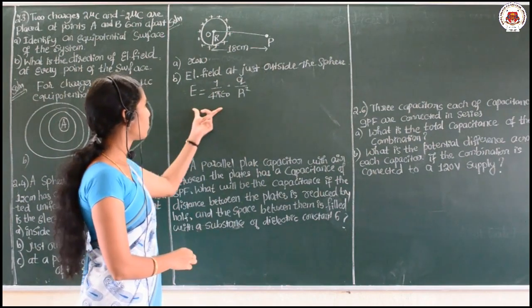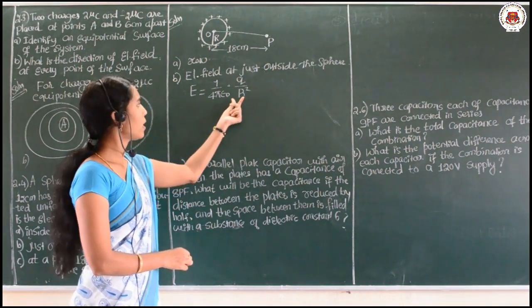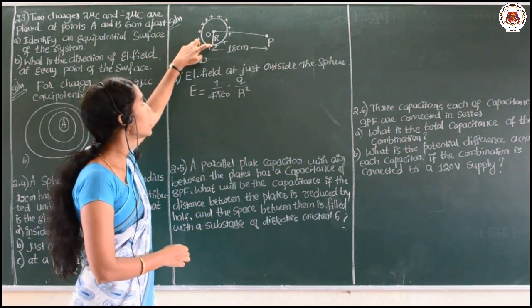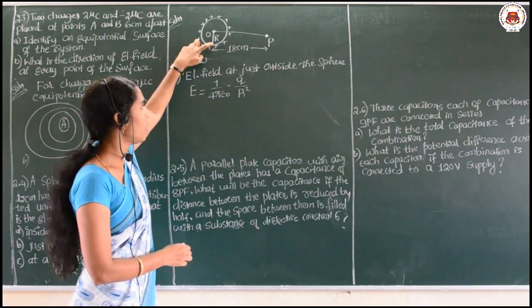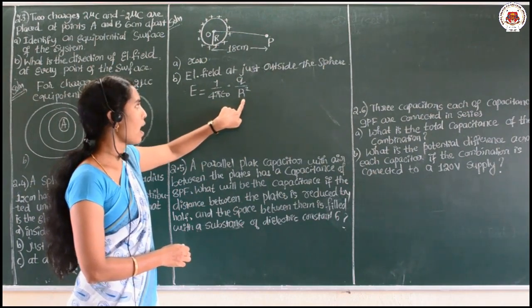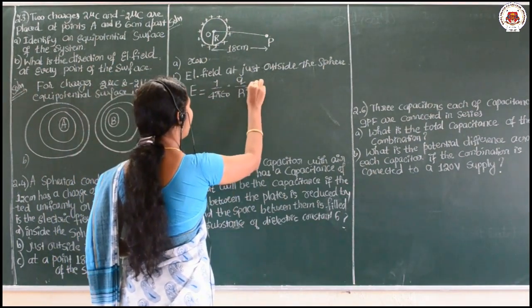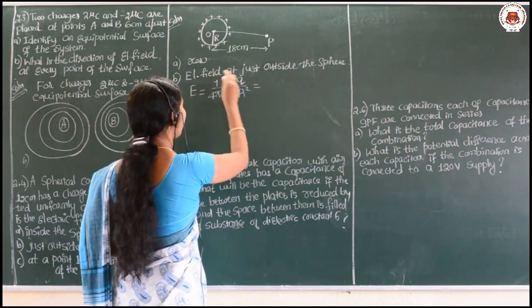See dear children, this formula you know already, but here I have taken capital R. Why? Just outside means it is just on the surface of the sphere, that is why it becomes R. So, this is the R square. Then substitute the values here.